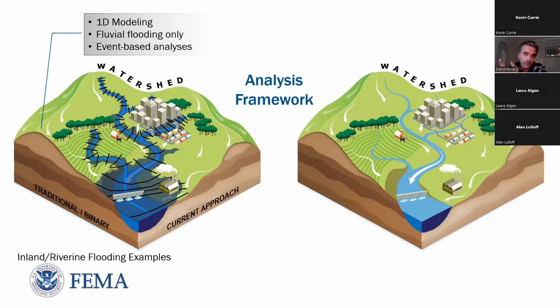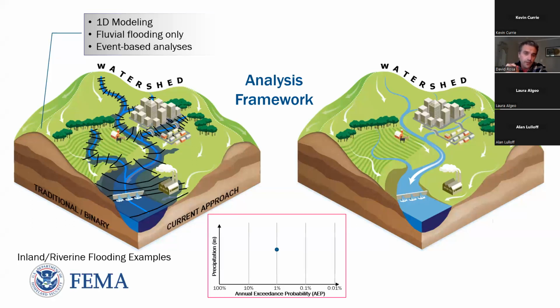So flooding from streams overflowing their banks, and really concerned with event-based analysis, particularly that 1% annual chance inundation. And you can see that here where it's really focused on a single data point, which is that 1% storm or that 1% flood and the elevations associated with that event.